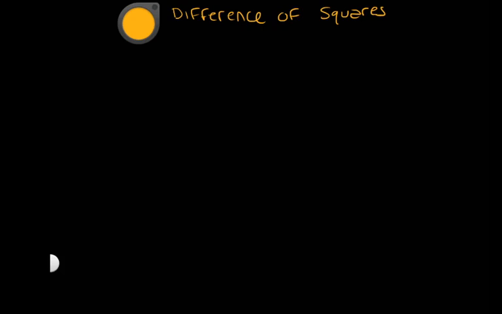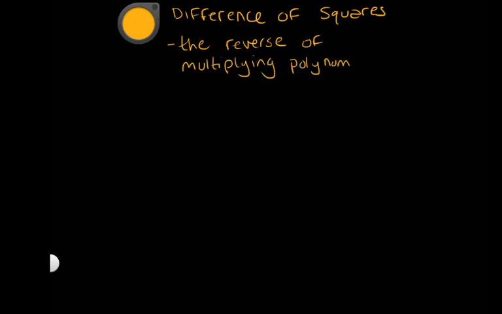So actually I'm going to write this down here for you: it is the reverse of multiplying polynomials. So a difference of squares, it's like we have the answer and we have to find the question. It's like Jeopardy for math.